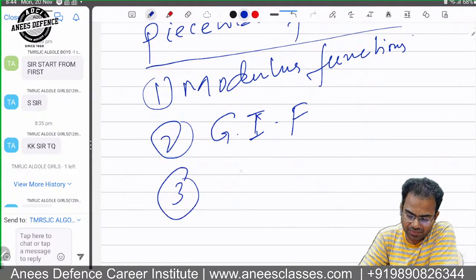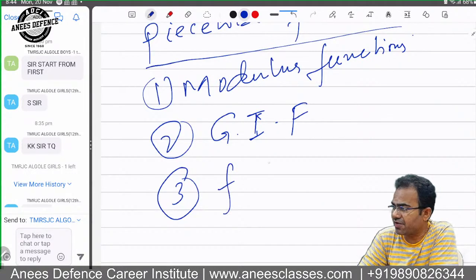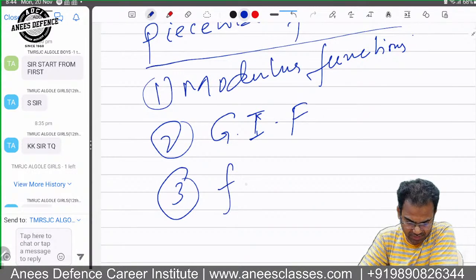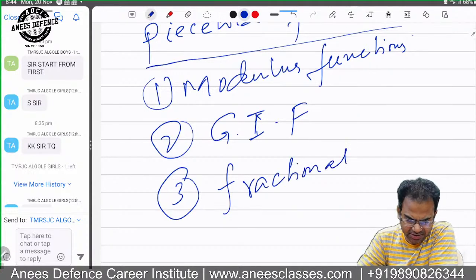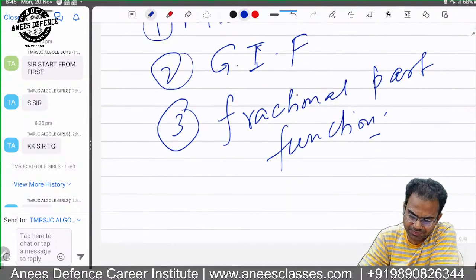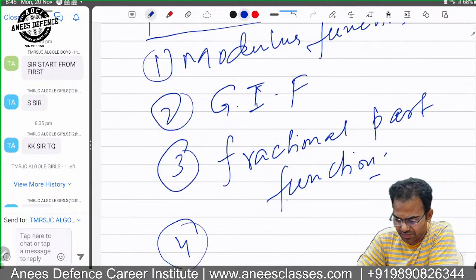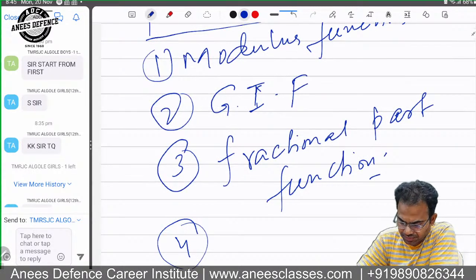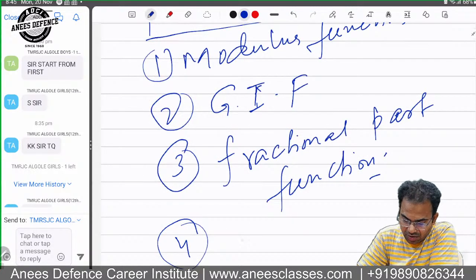Number 3, fractional part function. Fourth, signum function.